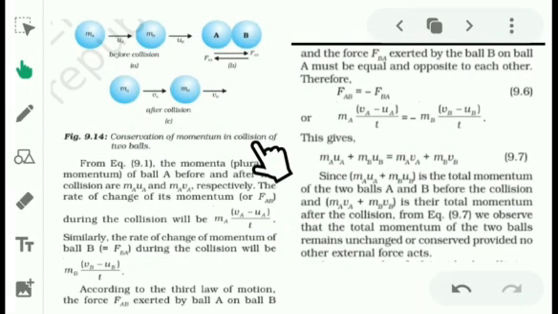The force exerted by A on B is FAB, and the force exerted by B on A is FBA.